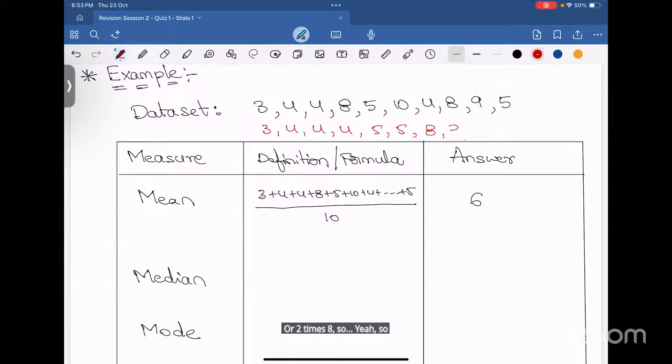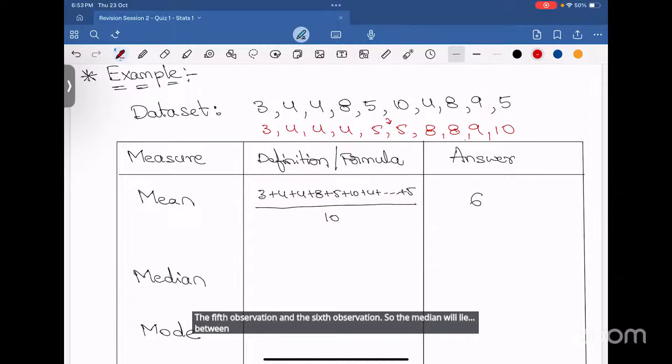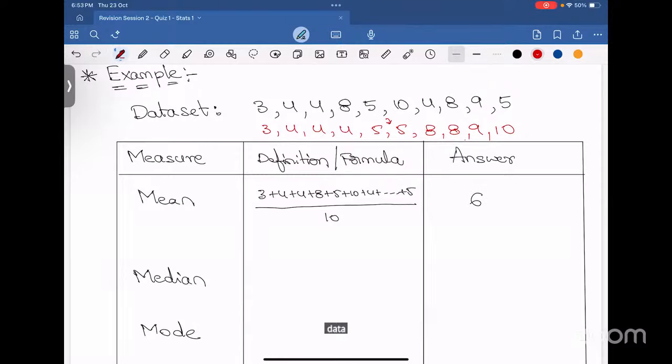Since there are 10 observations, I have to take the mean of the 5th observation and the 6th observation. So the median will lie between these two data points. That is 5 plus 5 by 2, which gives us 5. So the median is 5.